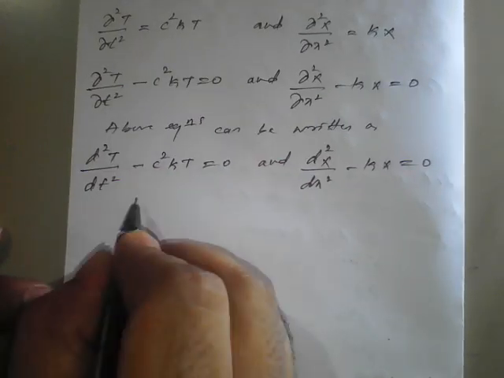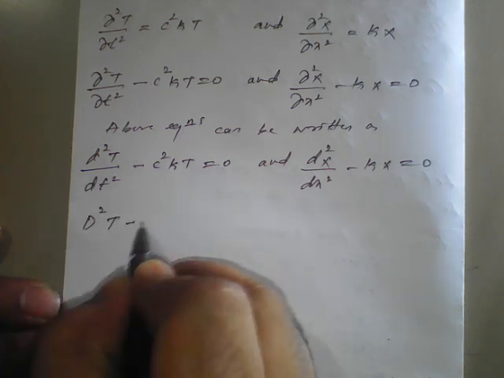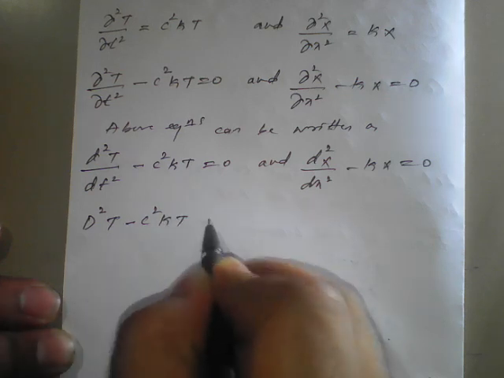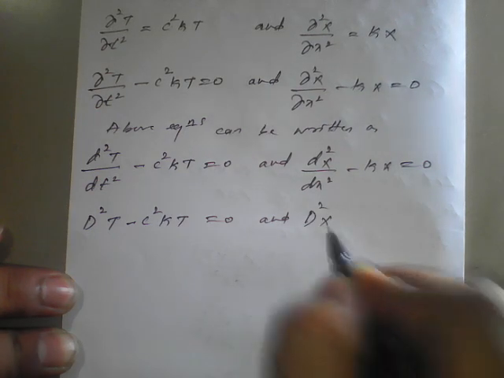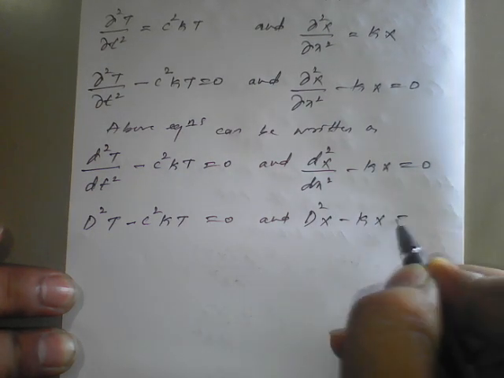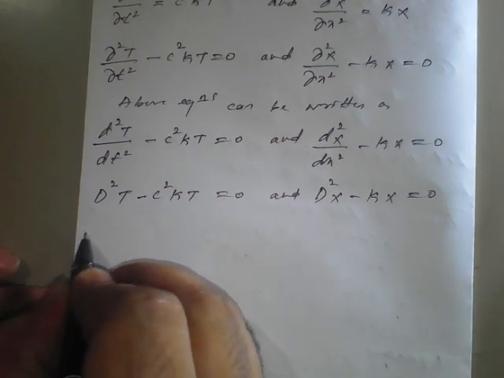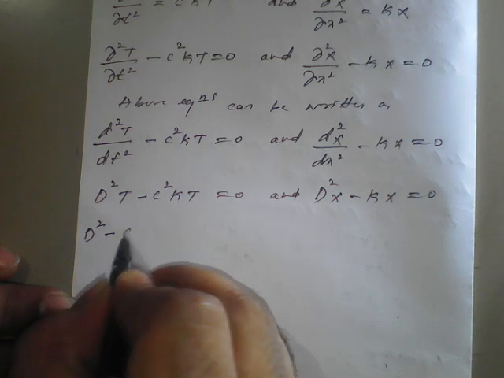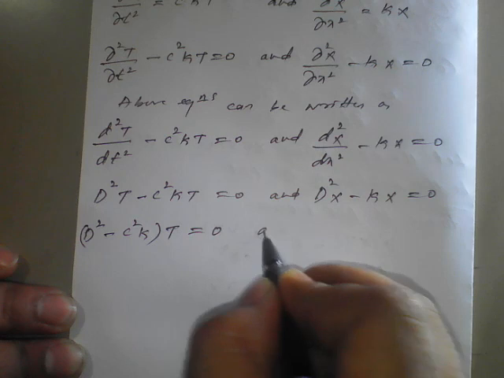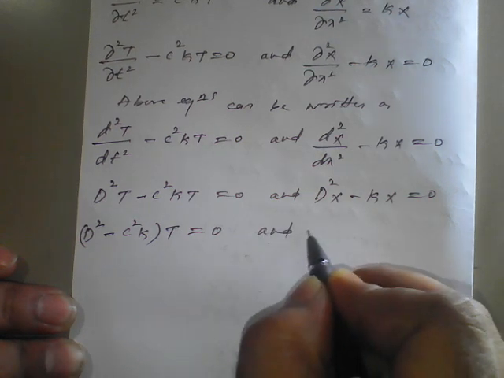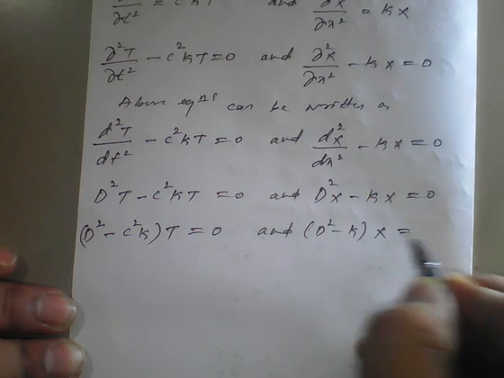This can be reframed as capital D square T minus c square kT equal to 0, and capital D square X minus kX equal to 0. Among this you take T common: D square minus c square k into T is equal to 0, and here you take X common: D square minus k into X equal to 0.